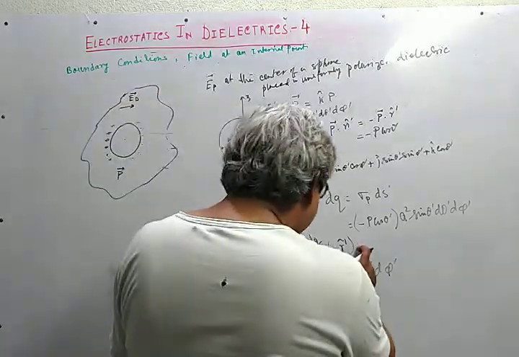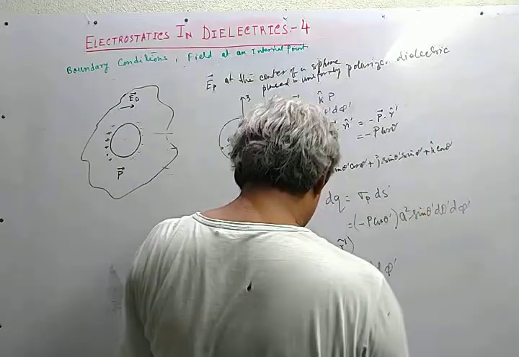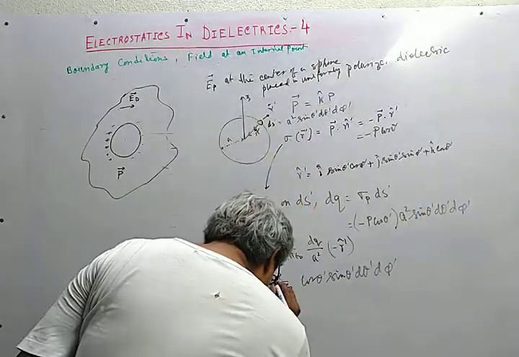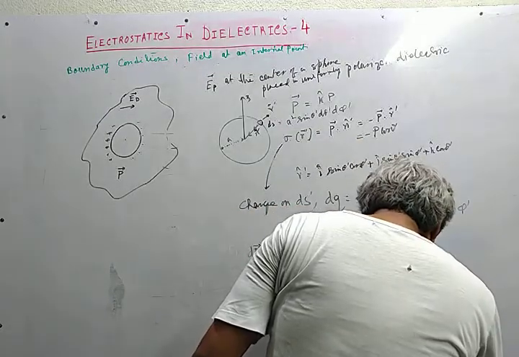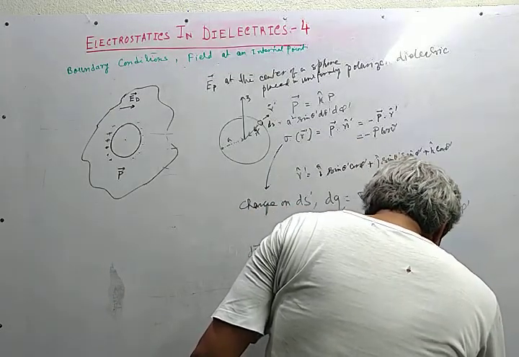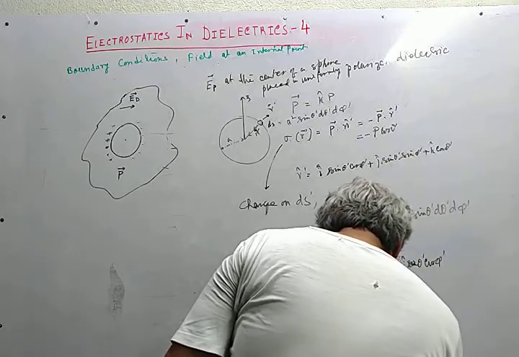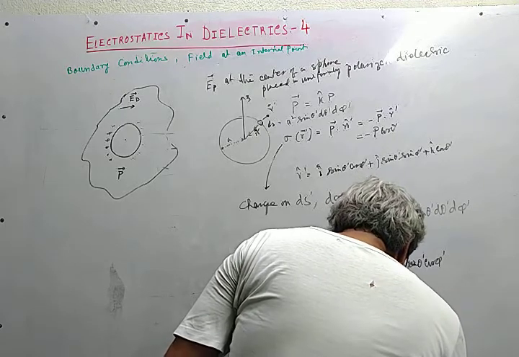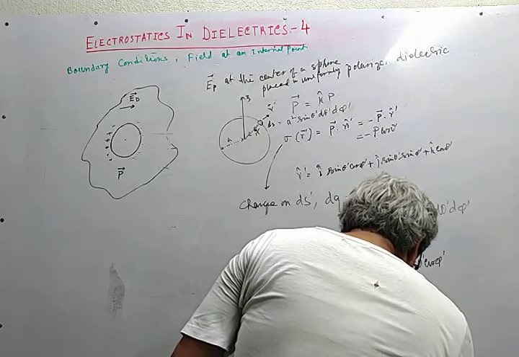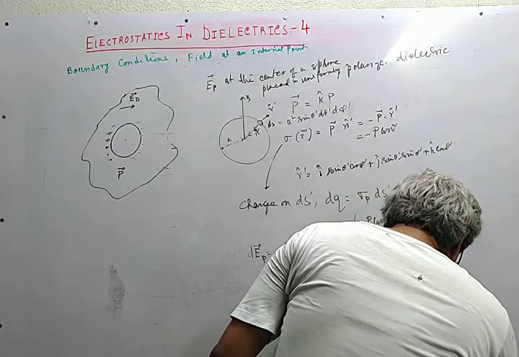And from r cap, this will appear with a negative sign, so this sign will become positive, and we will have i cap sin theta prime cos phi prime plus j cap sin theta prime sin phi prime plus k cap cos theta prime.